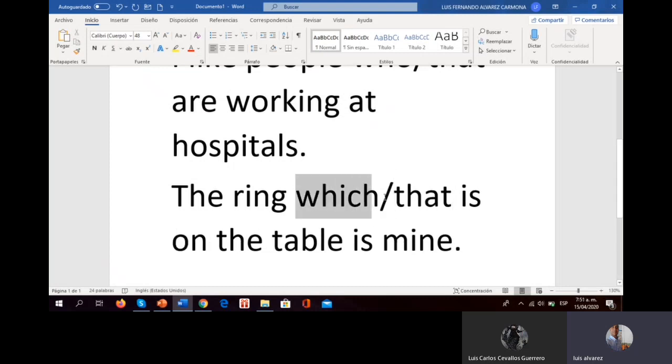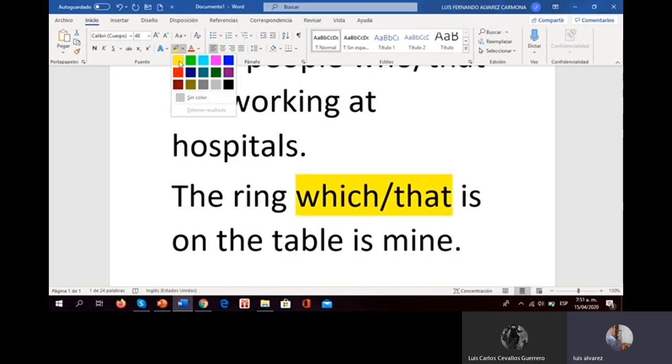So here comes the clause. The relative clause is right here. Let's put it in yellow to identify. The ring which or that is on the table is mine. Because you see, the ring is on the table is mine, it doesn't sound correct. So that's why we need to introduce the relative clause. And the idea is clear. The ring which or that is on the table is mine.